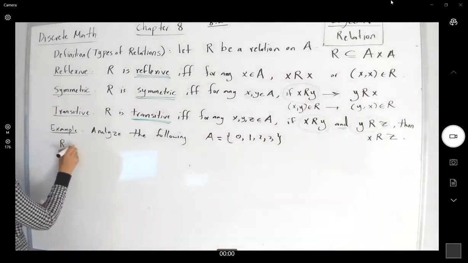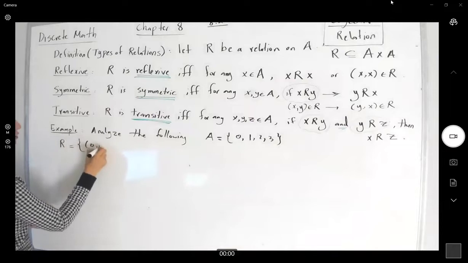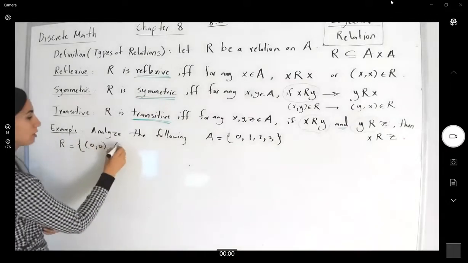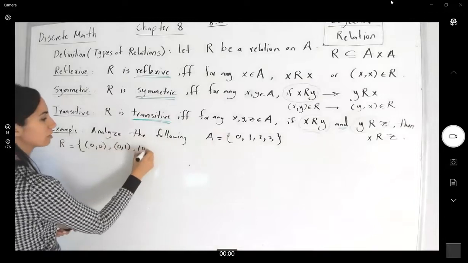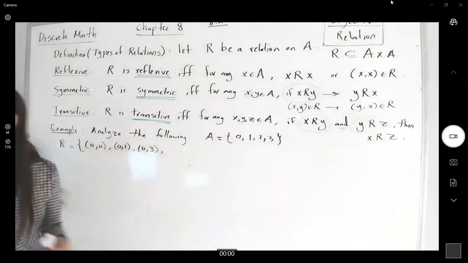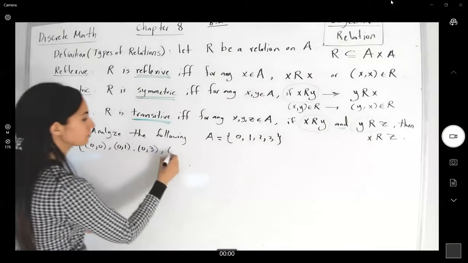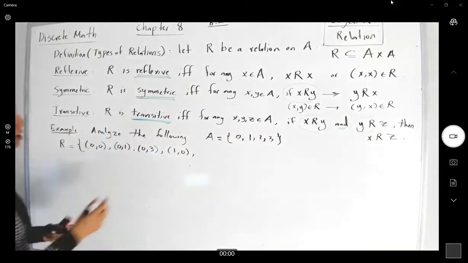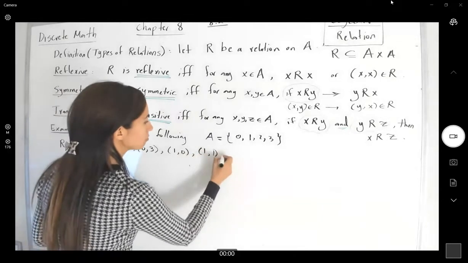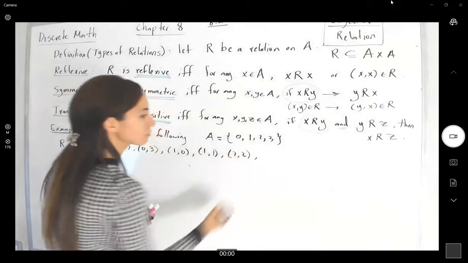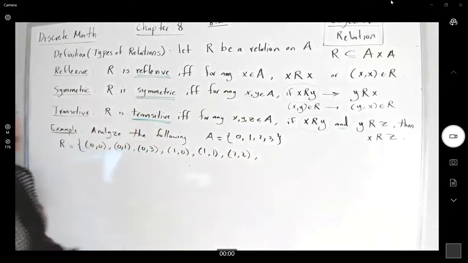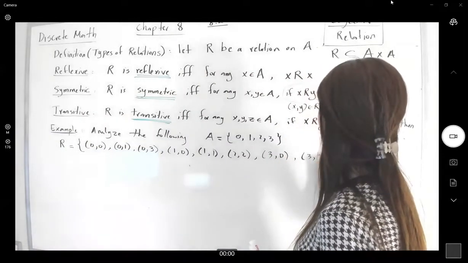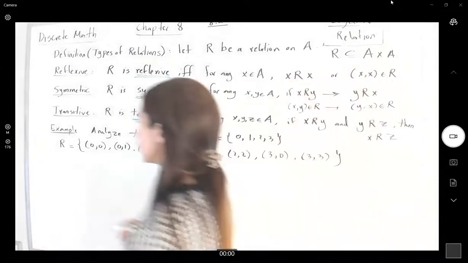Relation R is defined as the collection of (0,0), (0,1), (0,3), (1,0), (1,1), (2,2), (3,0), (3,3). This is your first relation.